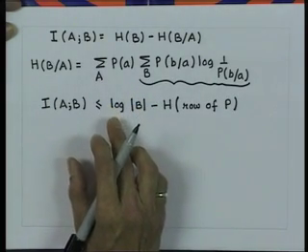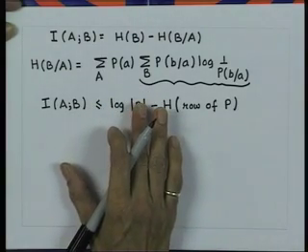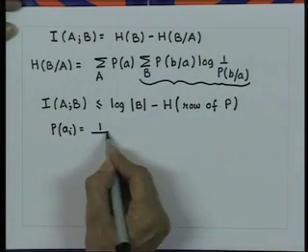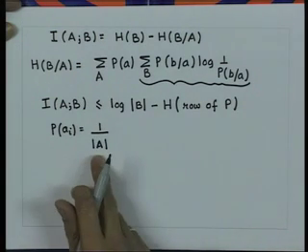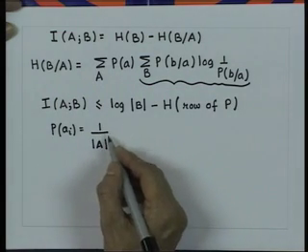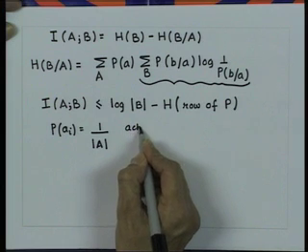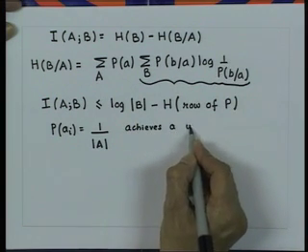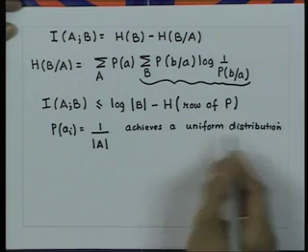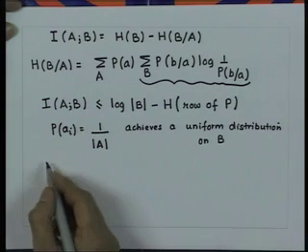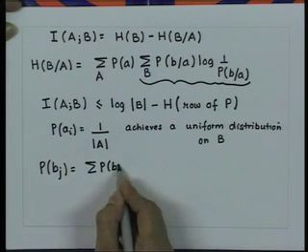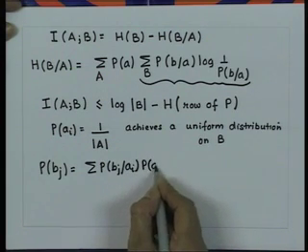It can be shown in this case that if probability of Ai is equal to 1 by mod A, where mod A is the size of the input alphabet A, then this distribution achieves a uniform distribution on B. This is very clear if we note that probability of Bj is equal to the sum over A of probability of Bj given Ai multiplied by probability of Ai.